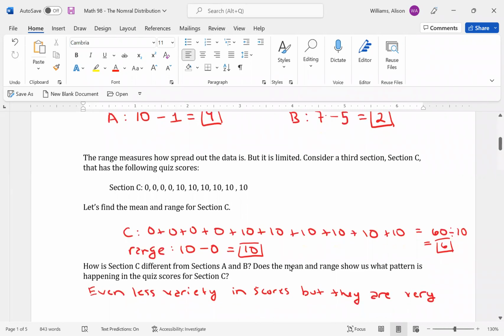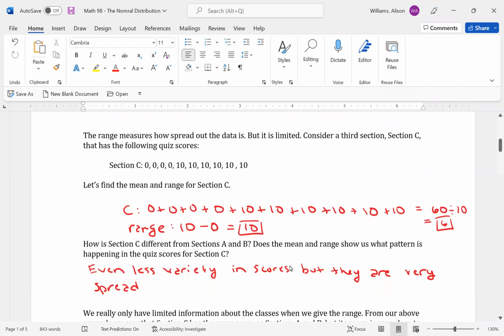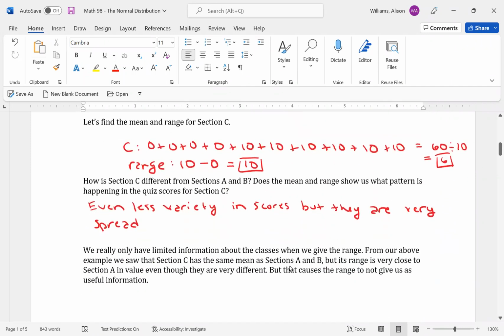So it's kind of a combination between sections A and B, right? A was that they were very different scores and spread out. B was that they weren't very spread out and they were kind of similar scores. Well, section C is they're very spread out and they're very similar scores. So it's kind of using something that is in both of those sets. And that makes it not useful to talk about the range and the mean.